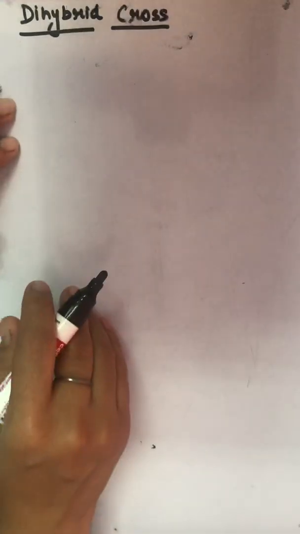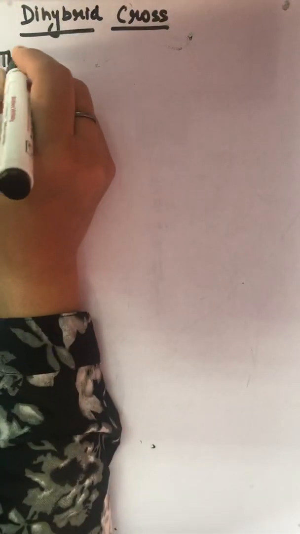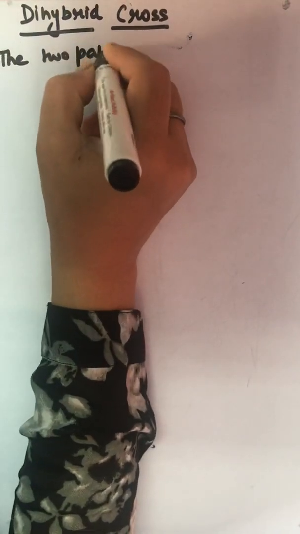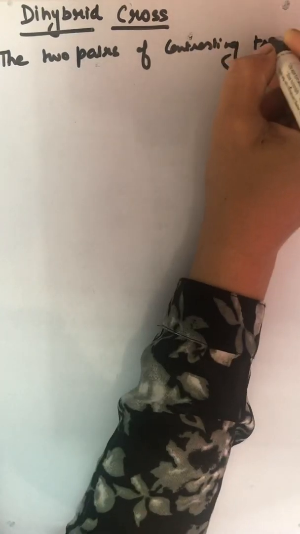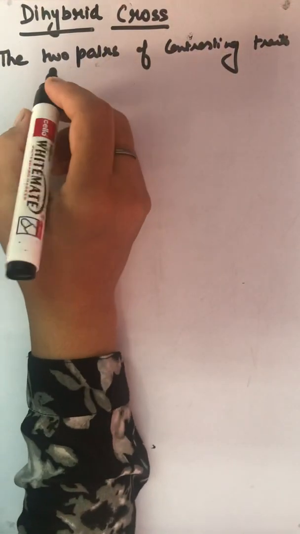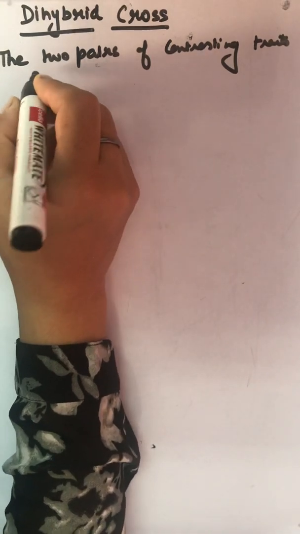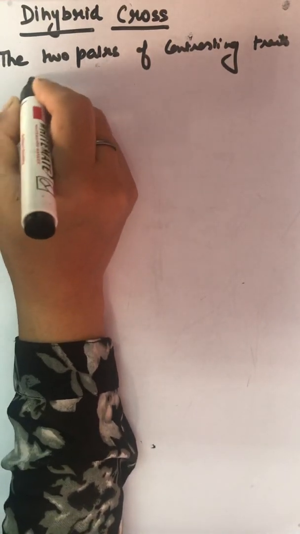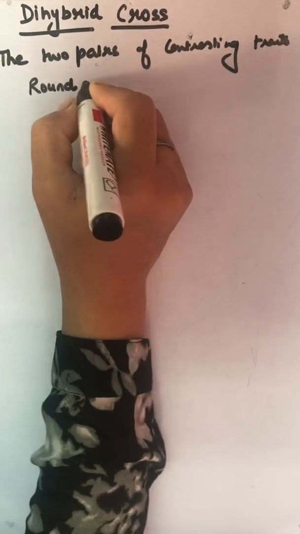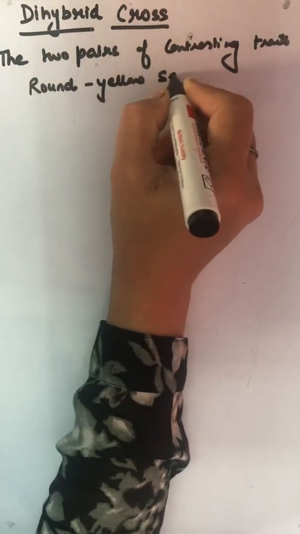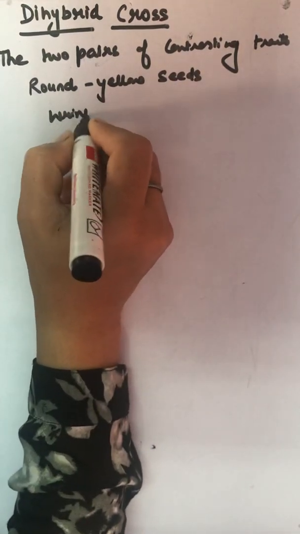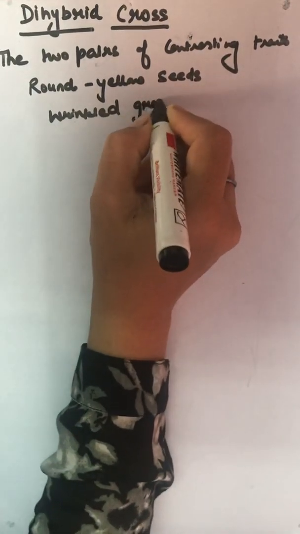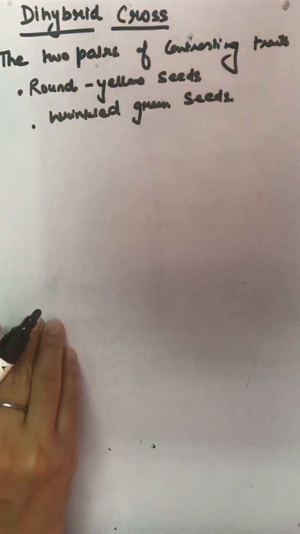Starting with the dihybrid cross, which means the two pairs of contrasting traits chosen by Mendel were the shape of the seeds, that is round yellow seeds, which are to be crossed with wrinkled green seeds, right?